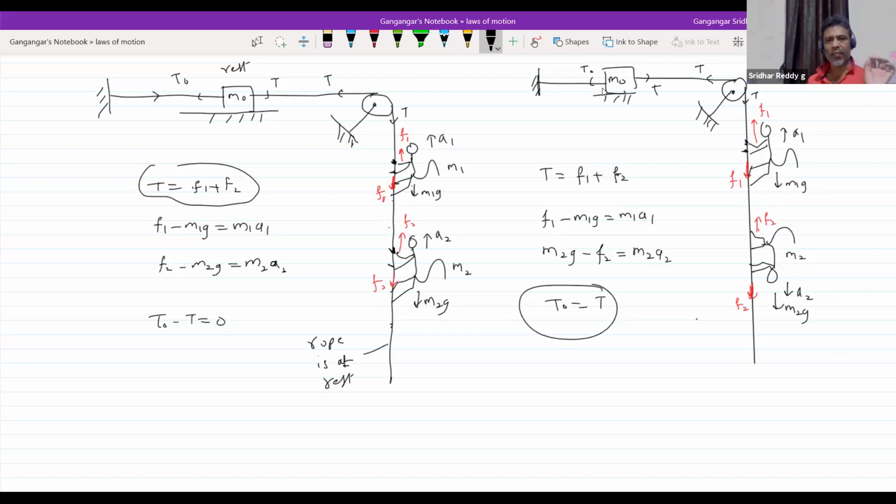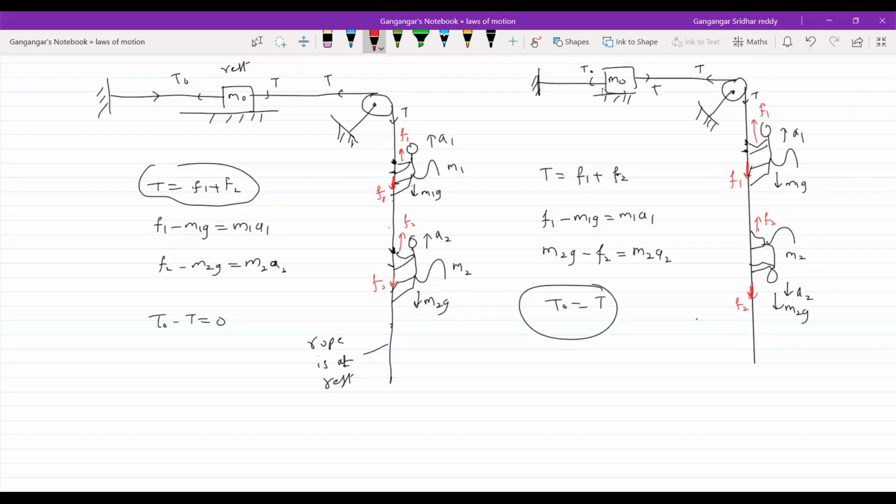So that F1, F2 is what the books are missing. Directly they'll write the equation. So there I think you will be in big trouble. So you must work out with the basic idea like this. Completed?